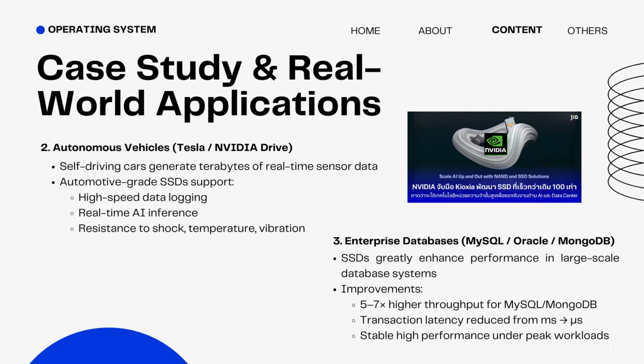And most importantly, in enterprise databases, switching to SSDs boosts performance by 5 to 7x and reduces transaction latency from milliseconds to microseconds. This case shows how SSDs improve both real-time systems and large-scale business workloads.